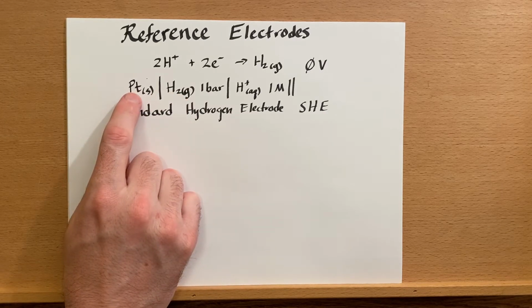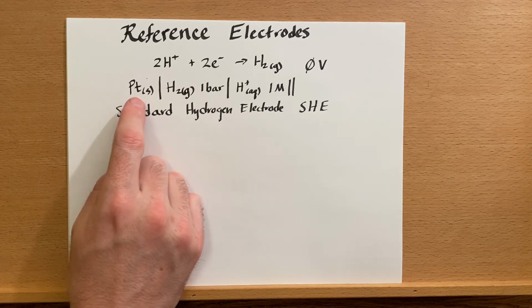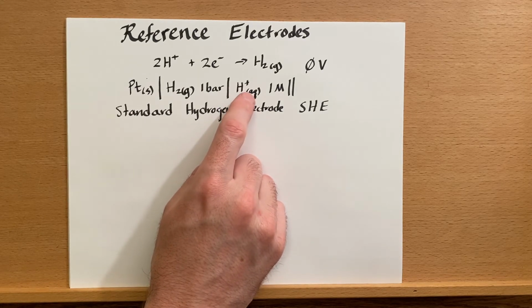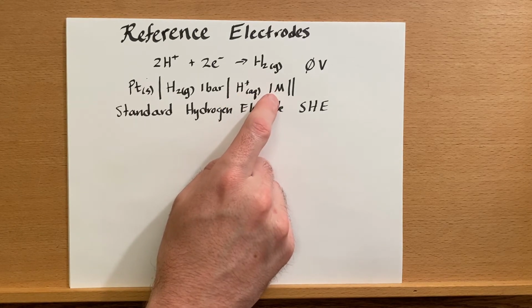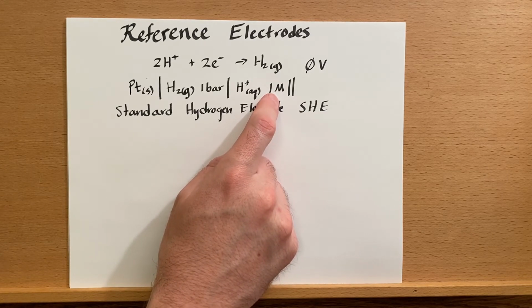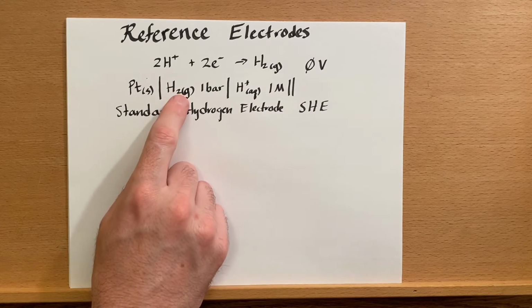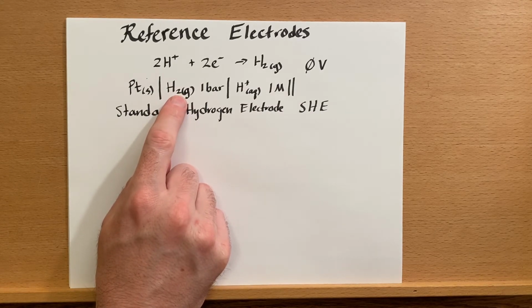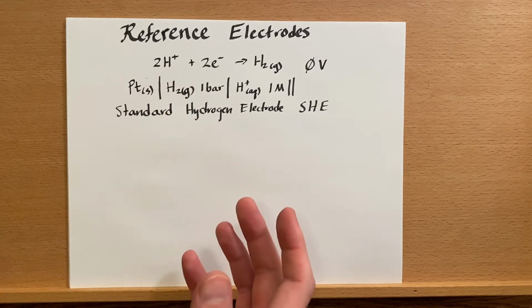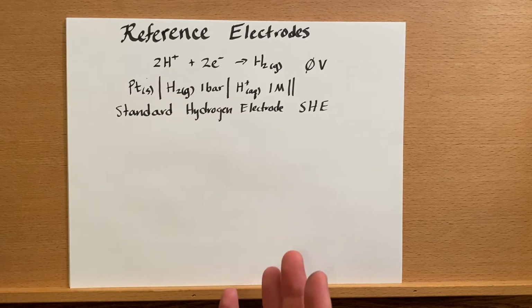Now, some of you might be looking at this and saying, wow, we've got to have a platinum electrode. Those might be a little expensive. We need to have a fairly concentrated solution of acid, 1 molar. That will lead to a pH of 0, which is a pretty low pH. And we also have to have hydrogen gas. Hydrogen gas will have to come in a compressed cylinder, a large gas cylinder.